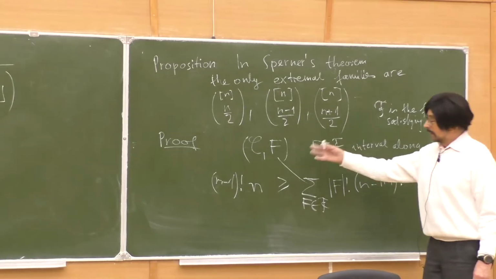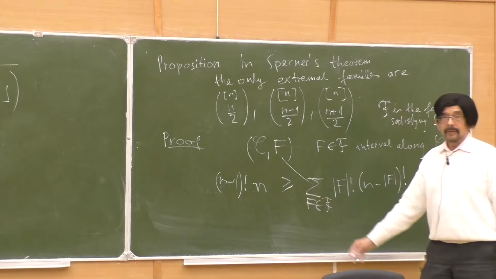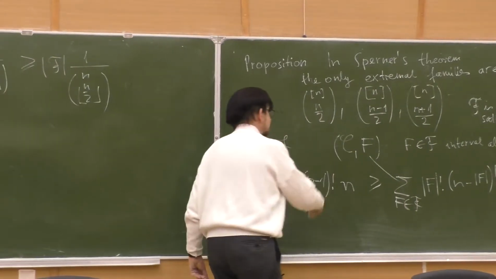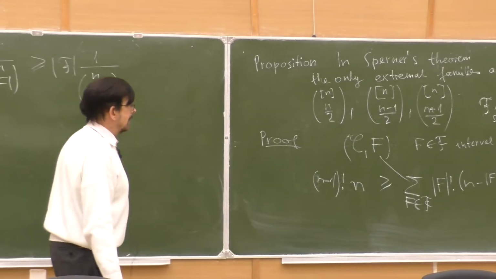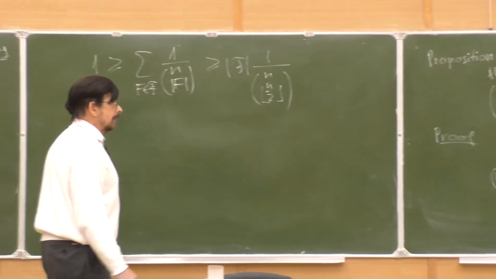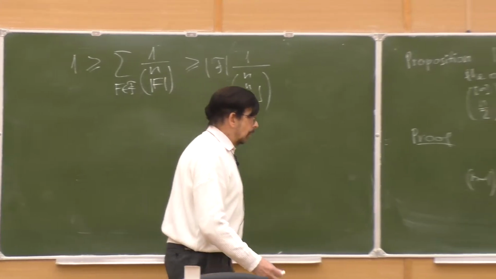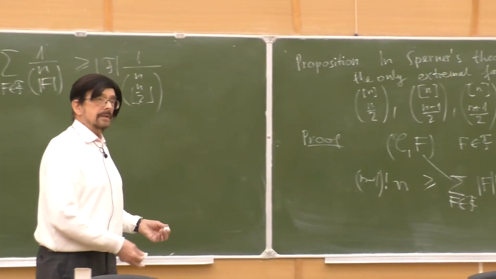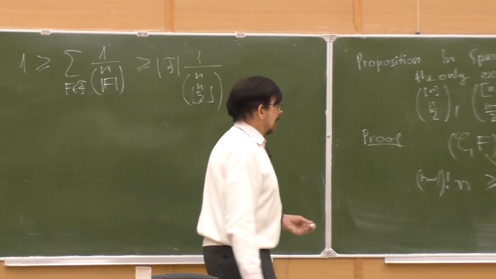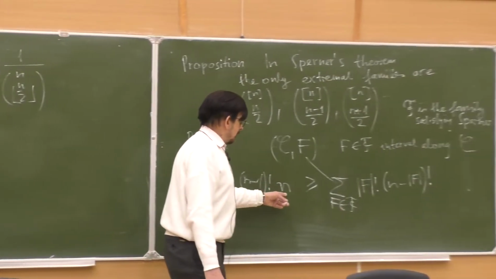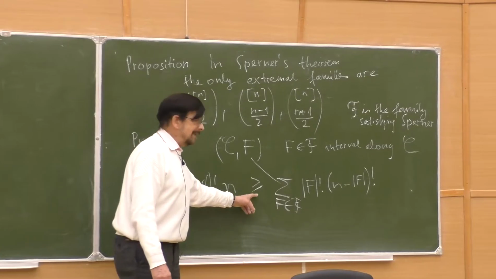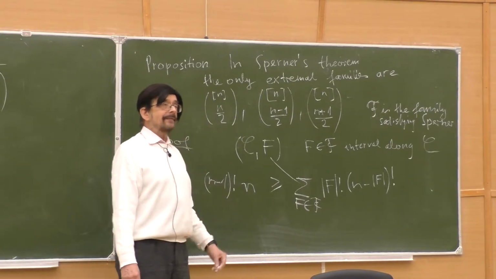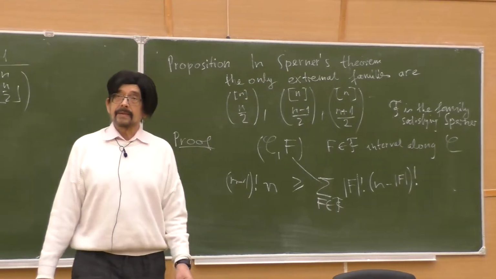So I recall we fixed an f. I'm sorry, no. Fix a cyclic permutation, not an f. A cyclic permutation, and we know that we cannot have more than n intervals along the cyclic permutation. And this was a maximum, but we have strict equality here only if we have n sets.